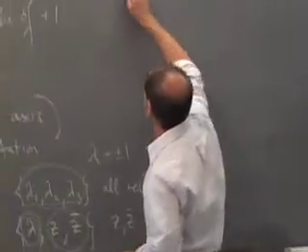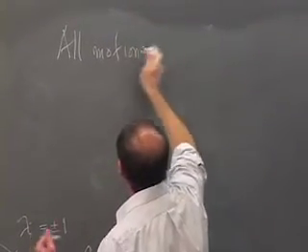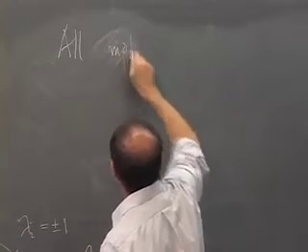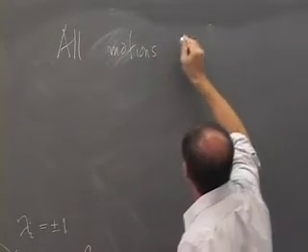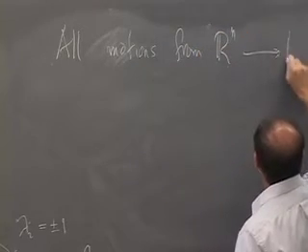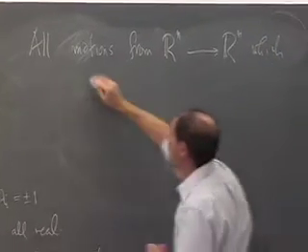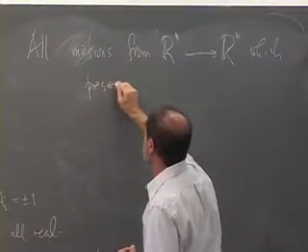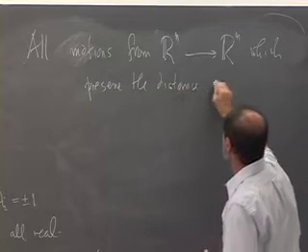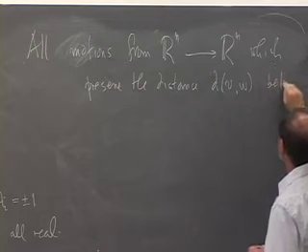So you might study all motions or all transformations, except I don't want to use the word transformation because it sounds like a linear transformation, from Rn to Rn, which preserve the distance d of VW between 2 points.